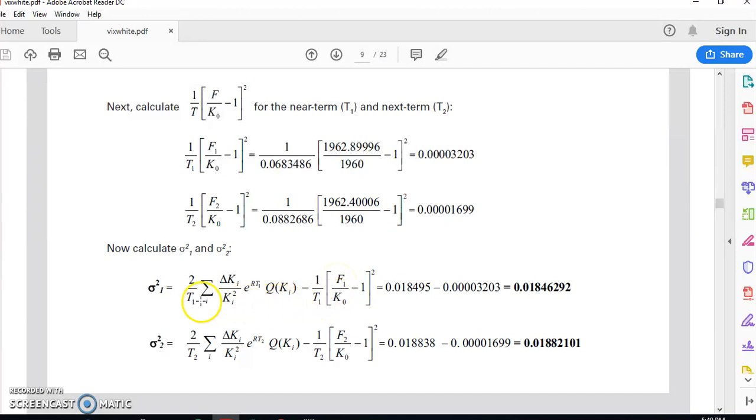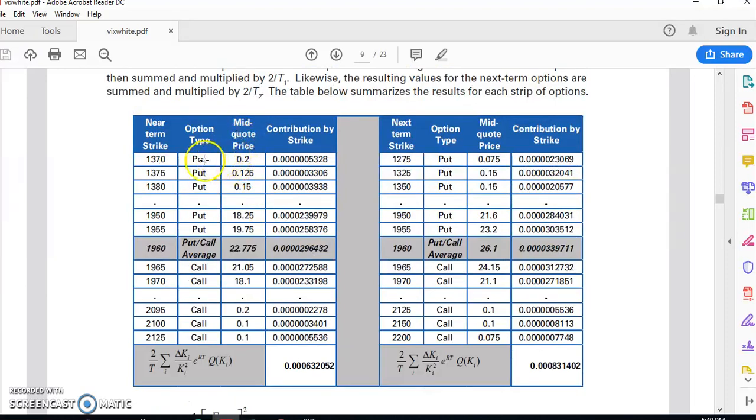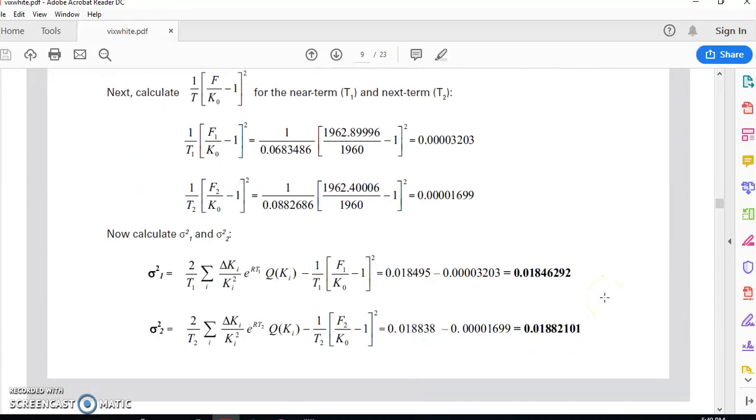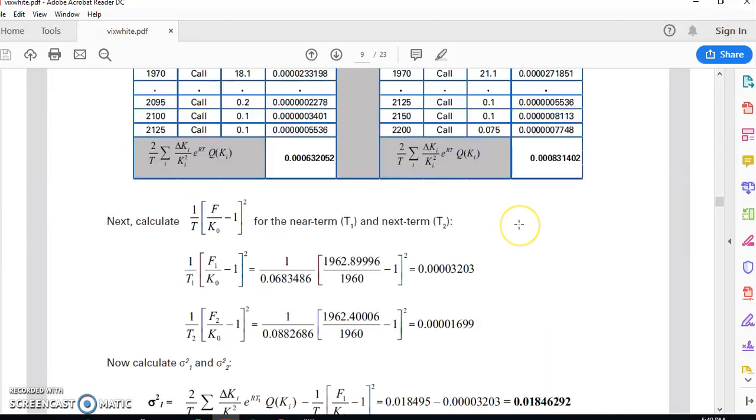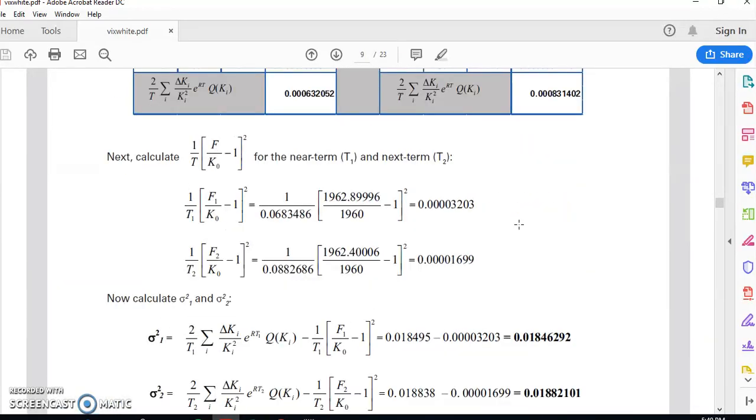We hadn't worked out the summation, but I took an example given here, so I tried to replicate the example here with the strike price of 1,370 for the put option, and then illustrated how in turn we could use that estimate to finalize the VIX estimation.